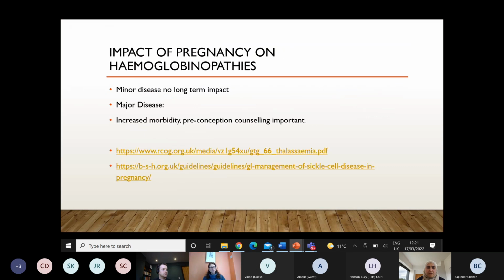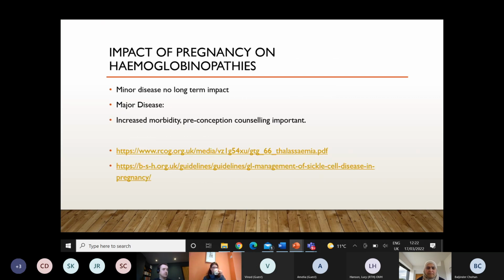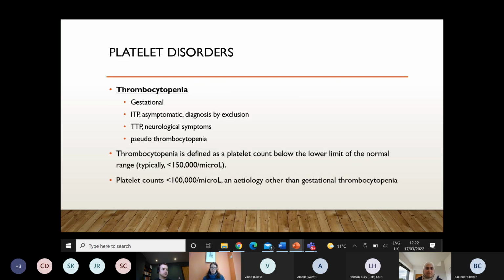because there are two types of clotting disorders, isn't it? One is thrombosis, the risk of thrombosis, which we deal with so much in everyday life. I thought that's a bit boring, so I've gone to the other disorders. Again, platelet disorders are common in pregnancy.